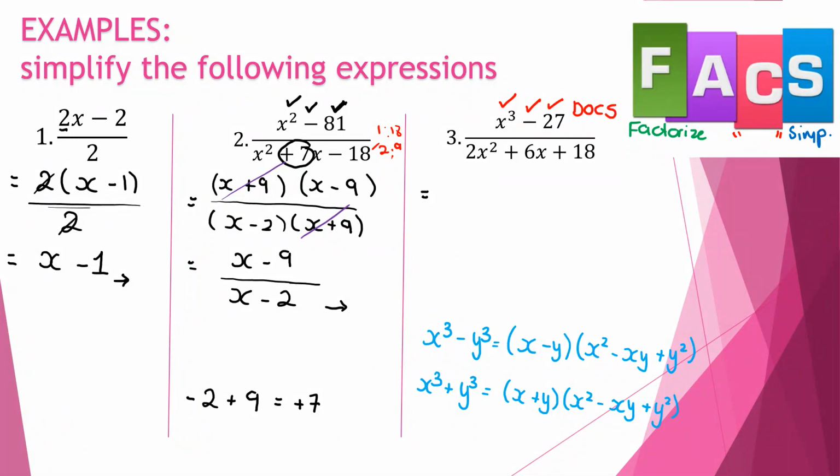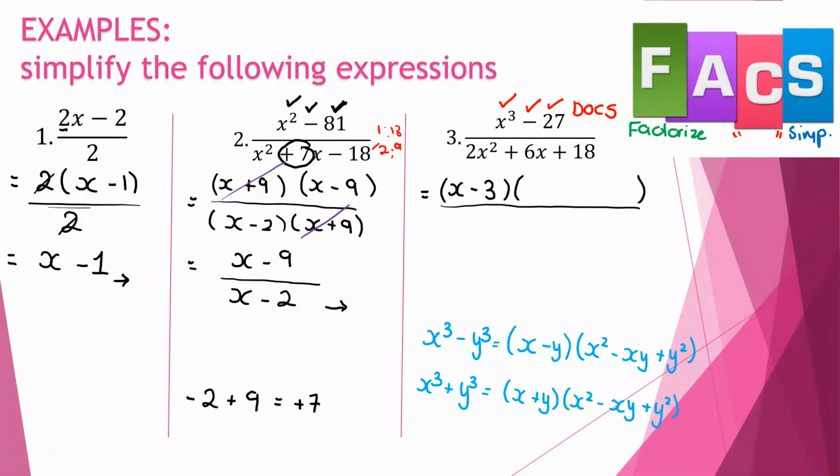If it was a sum of cubes, we would call it SOCKS, but it's a difference of cubes, so we call it DOCKS. So now I have the rules in blue at the bottom of the screen for us, and so we go ahead and we factorize that numerator. So we have our two sets of brackets. In the first bracket we got the cube root of x cubed, which is x, minus the cube root of 27, which is 3.